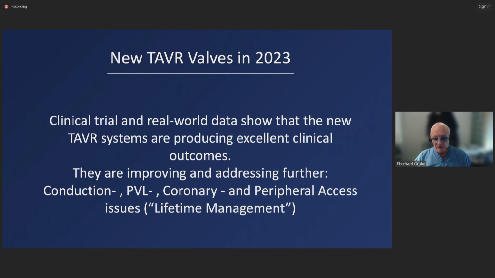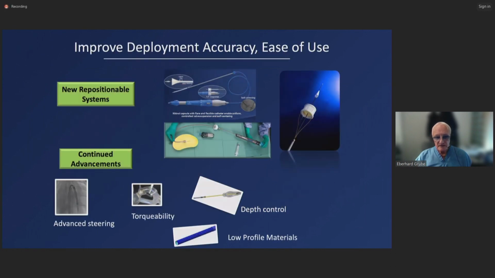They are improving and addressing further conduction, PVL, coronary, and peripheral access issues, so-called lifetime management. By improving deployment accuracy and ease of use, using repositionable systems, continued advancement of those valves with advanced steering, torqueability, depth control, and low-profile materials.